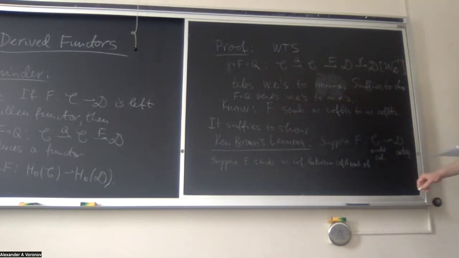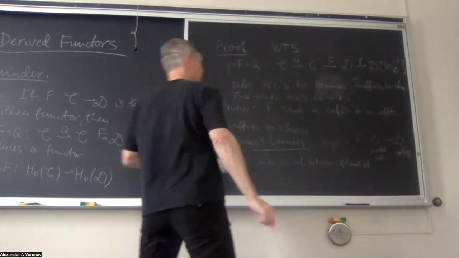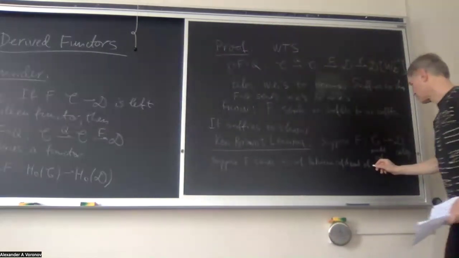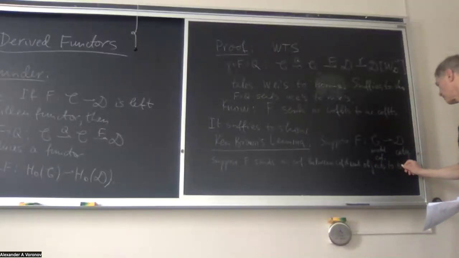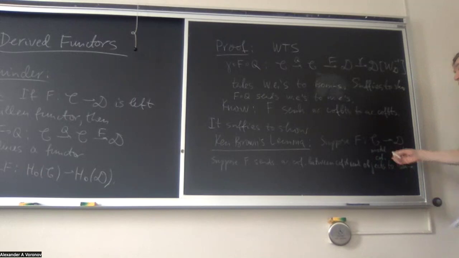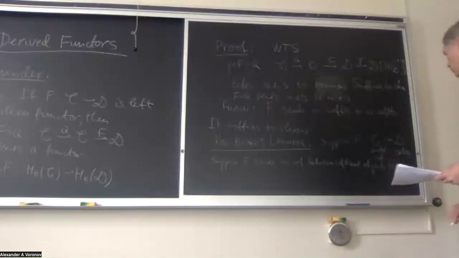Oh yeah, actually this will be applied not just to FQ but to gamma. So it sends acyclic cofibrations between cofibrant objects to isomorphisms.